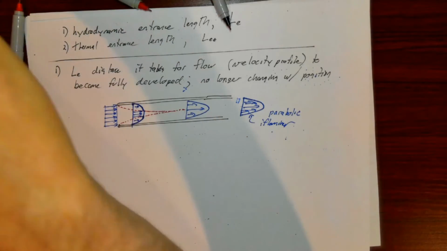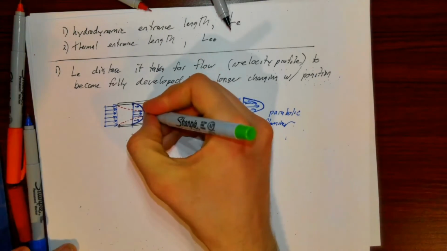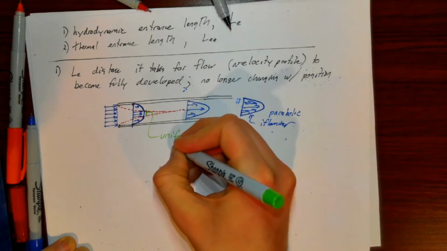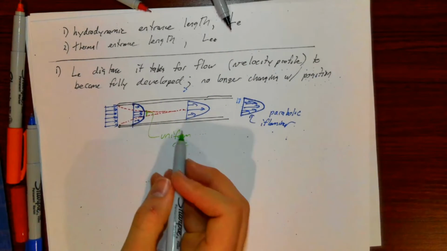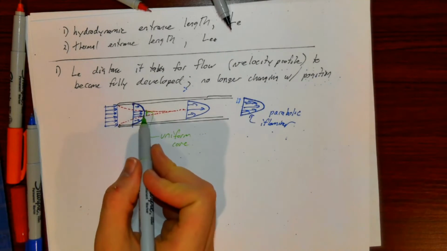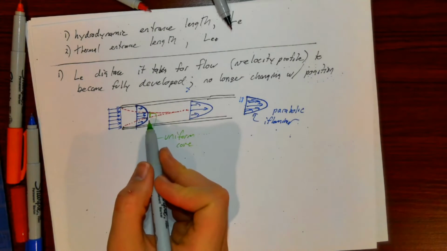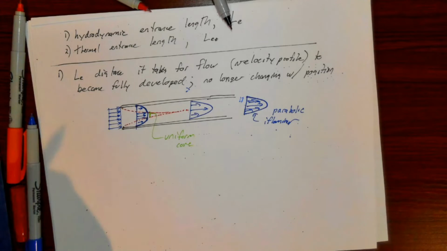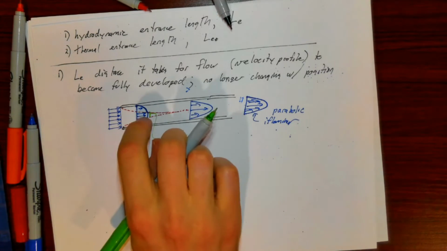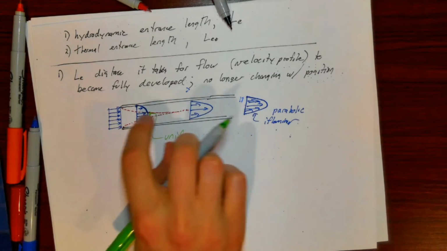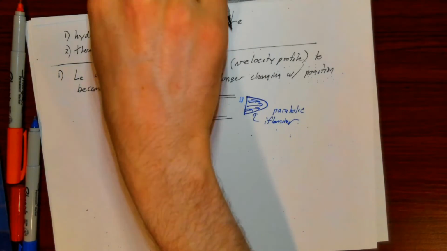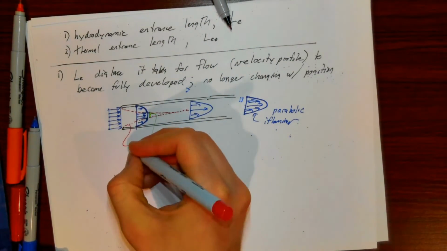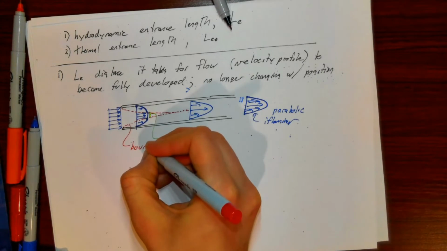So there's a region where there's a uniform core that hasn't been rounded out by the creeping-in effect from the edge, but eventually some distance down the pipe it will. We might call this creeping-in stuff something like a boundary layer.